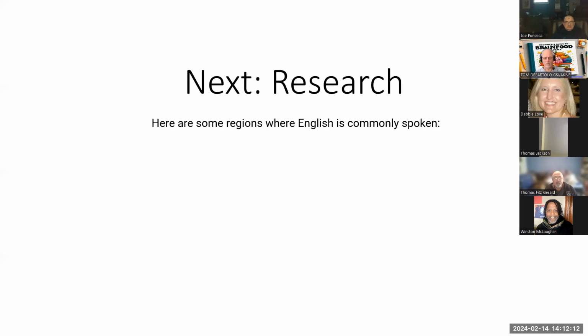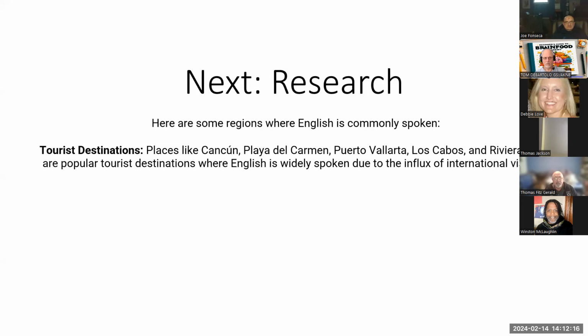Here are some regions where English is commonly spoken. Tourist destinations: places like Cancun, Playa del Carmen, Puerto Vallarta, Los Cabos, and Riviera Maya are popular tourist destinations where English is widely spoken due to the influx of international visitors.